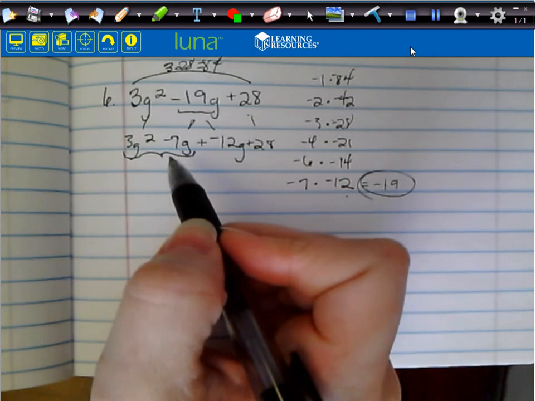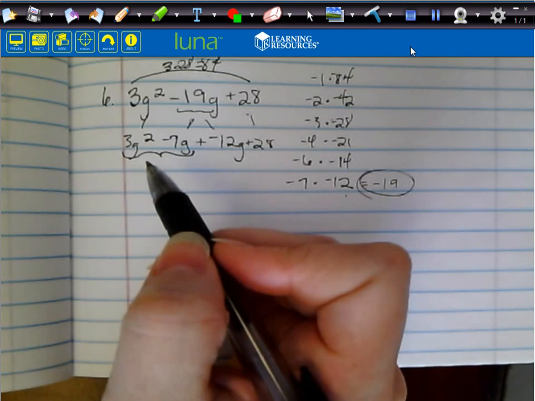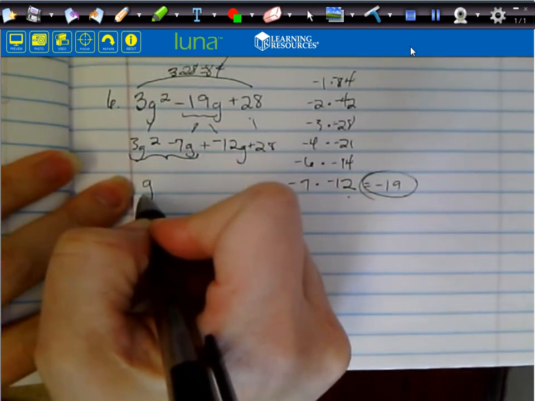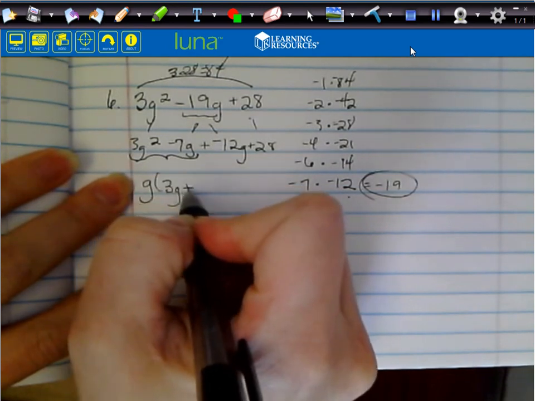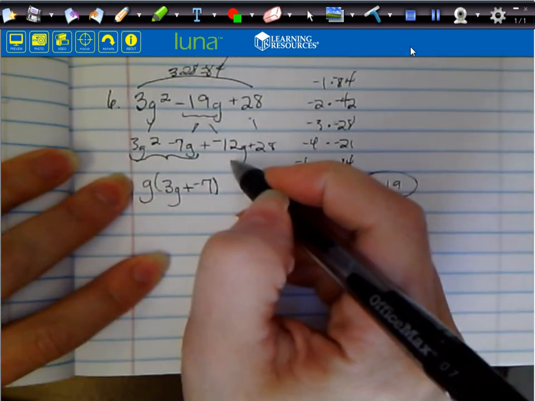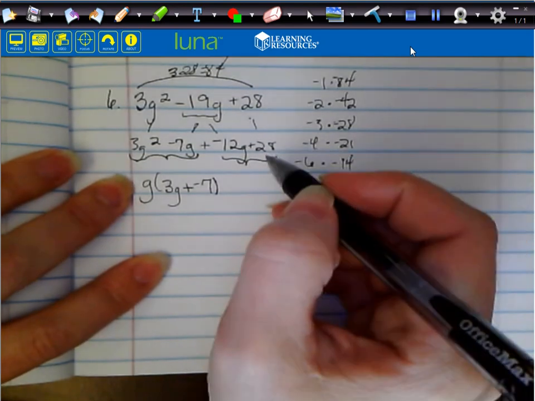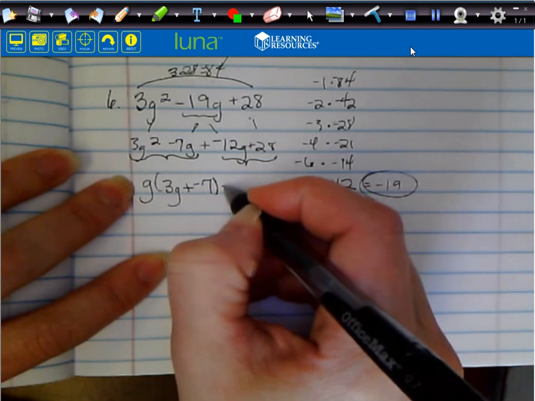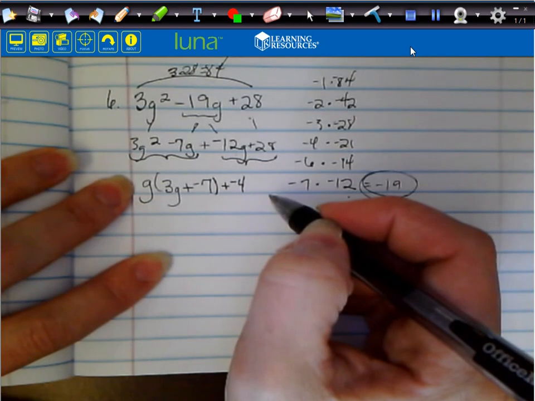G squared and g have a common factor of g. So I'm going to go ahead and pull out my g here, and it's going to give me 3g plus a negative 7. Again, I got rid of that g. And then here, 12 and 28 have a common factor of 4. I'm going to pull out a negative 4.